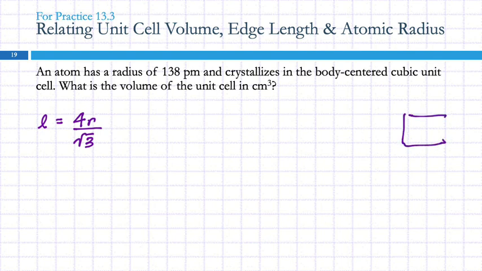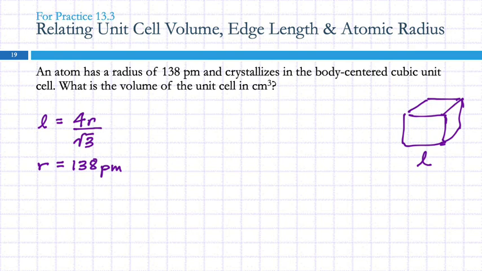So we have our unit cell, it's L on each side, and this is telling us that the atom has a radius of 138 picometers. So R then is 138 picometers. This is asking us, what's the volume of the cell in cubic centimeters?